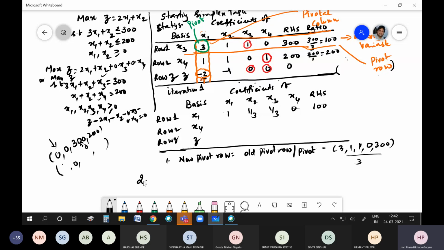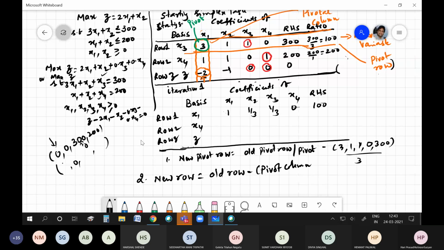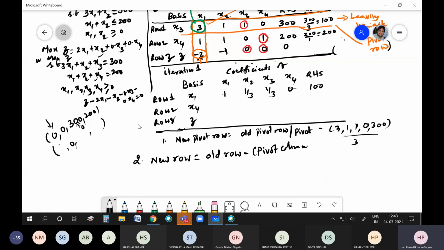And the second is that, for all the other rows, the new row will be equal to the old row, this is basically a Gauss-Jordan transformation, minus pivot column coefficient multiplied by the new pivot row.